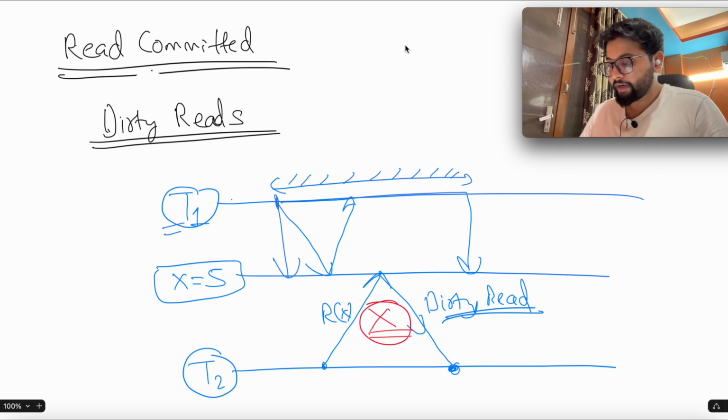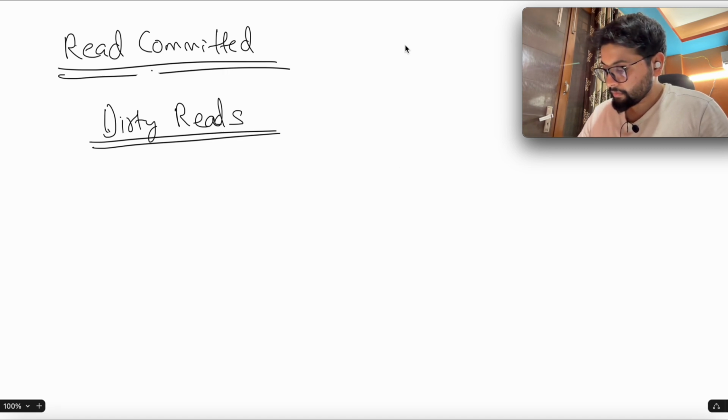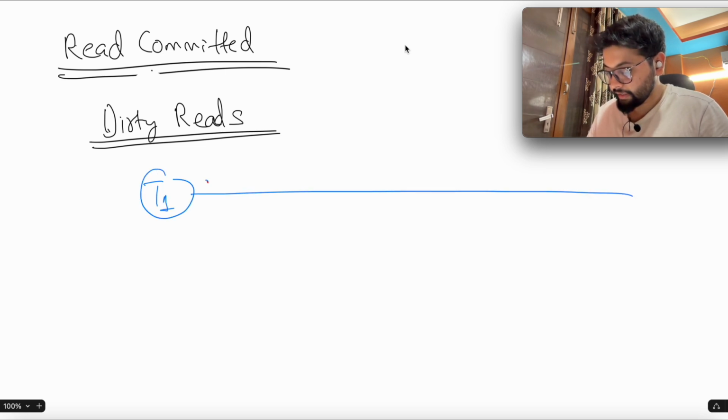Now how does it avoid it? Let's look at it. I'm going to draw a very similar diagram here. Suppose there is a transaction T1 which is going here like this.